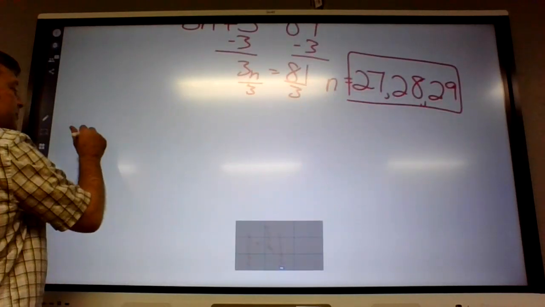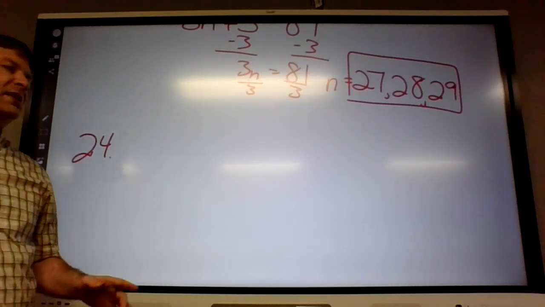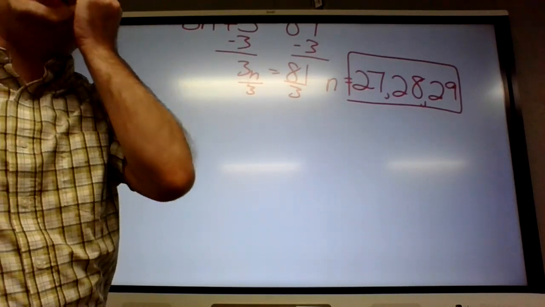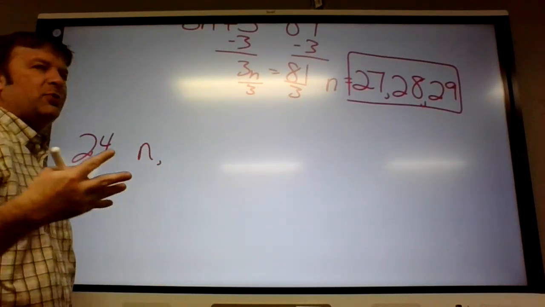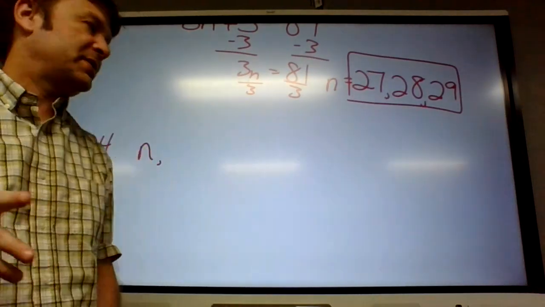Okay, 24. I'll help you guys set this one up too, kind of like the last one. It has another little shift on it. It says find 3 consecutive odd integers. So not just consecutive integers. Let's start with this. What if it was consecutive even integers? What's an example of consecutive even integers? 2, 4, 6.